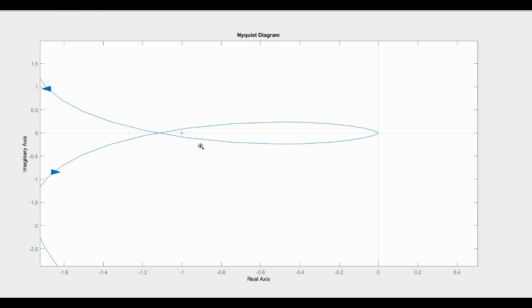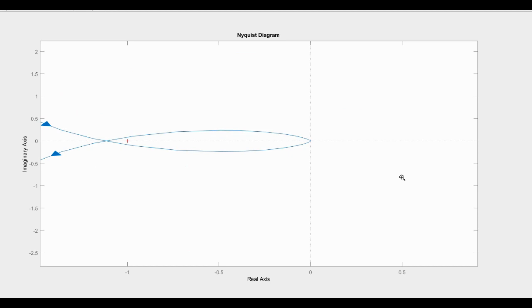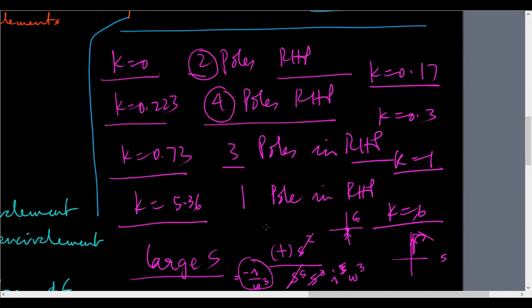And nothing else is there, this is all there is. This arrow is coming like this. One counterclockwise, that means minus 1 clockwise. If it is minus 1 clockwise, that means the number of closed loop poles minus the number of open loop poles is equal to minus 1.